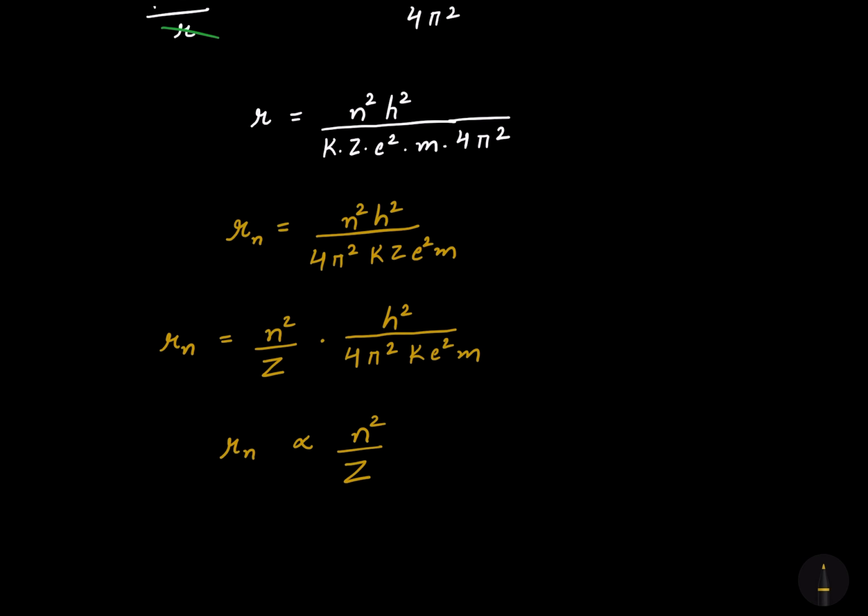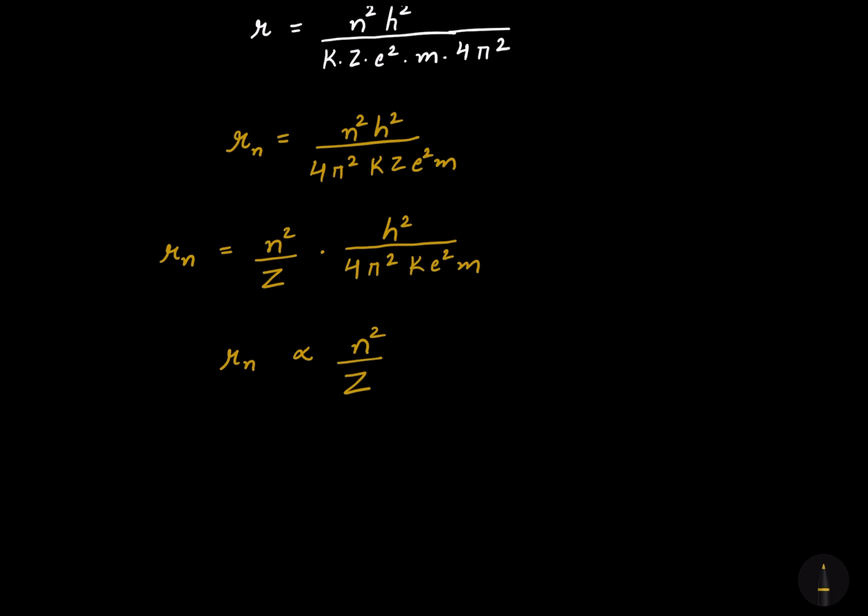The more the protons, the stronger the attractive pull the nucleus has on the electron, so the radius of the orbit will decrease.